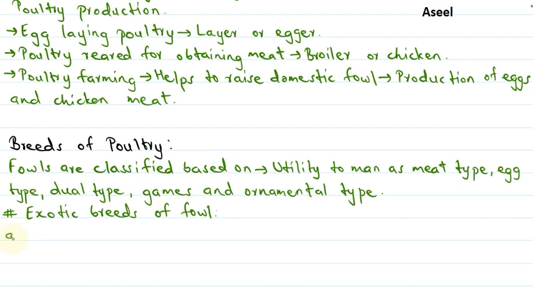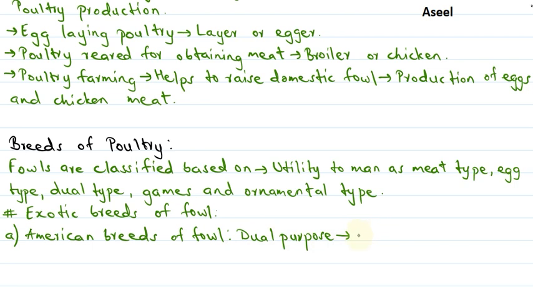First we would be talking about the American breeds of fowl. Most of the American breeds of fowl are dual purpose, that is, they give both meat and eggs.